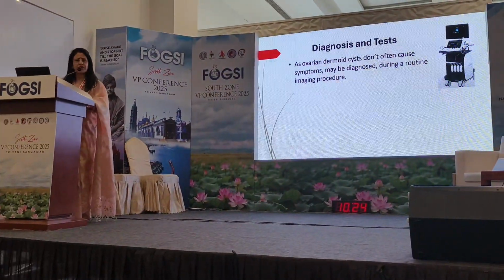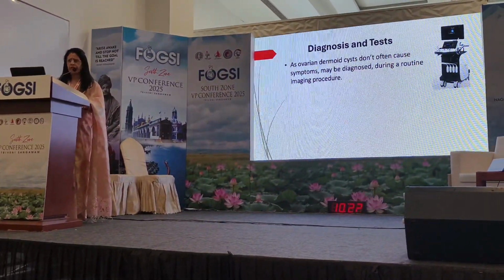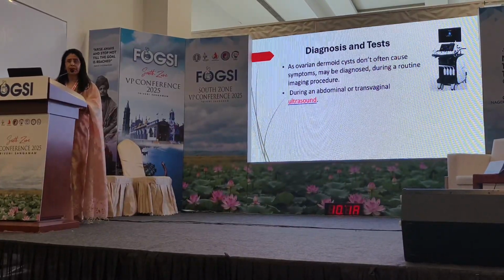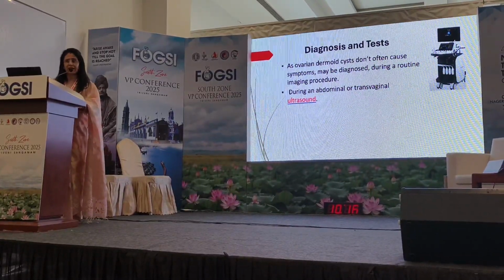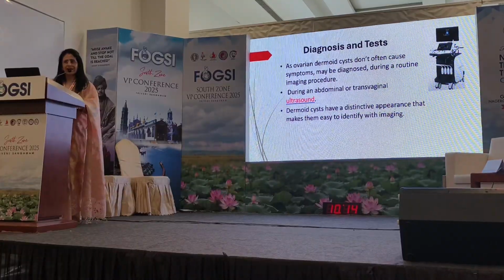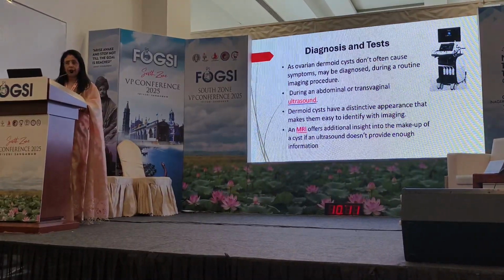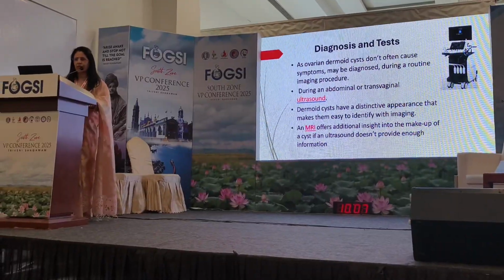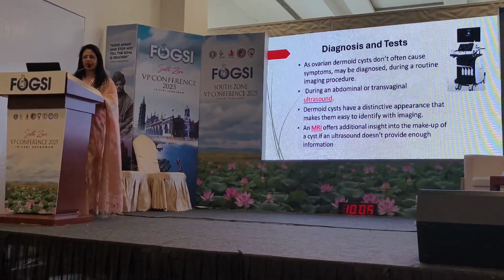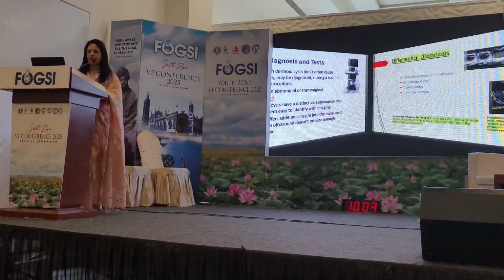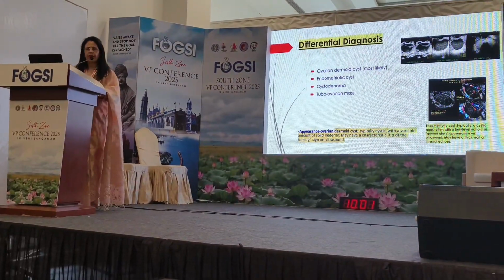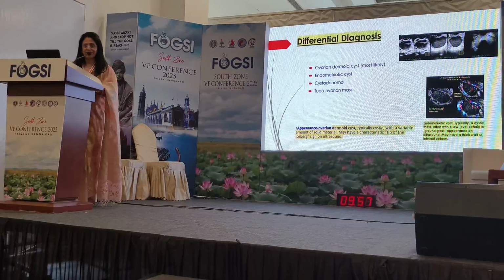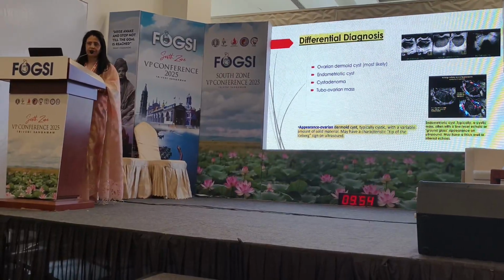So how do we diagnose these ovarian dermoids? We can diagnose by imaging. Many times they are diagnosed by an accidental abdominal or transvaginal ultrasound. An MRI offers additional insight into the makeup of a cyst if an ultrasound doesn't provide enough information. In the differential diagnosis, we have to differentiate it from the endometriotic cyst, cystadenoma, and tubo-ovarian mass.